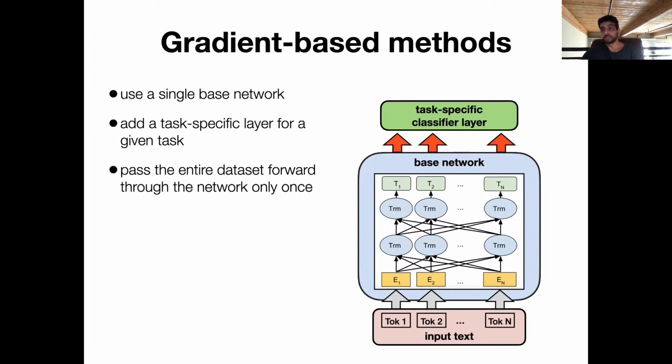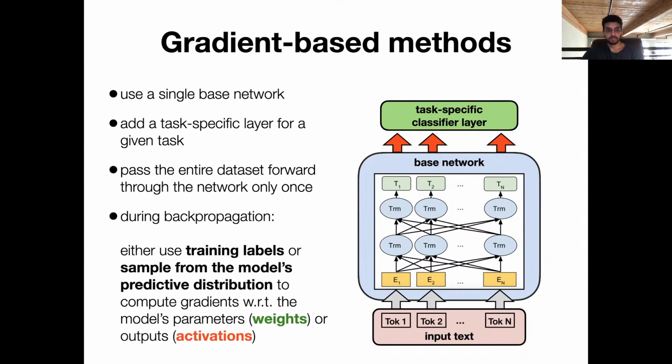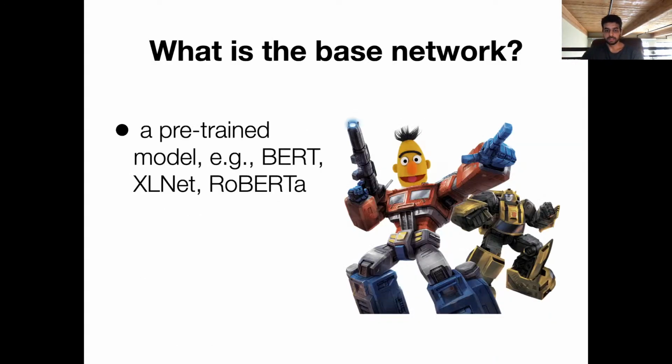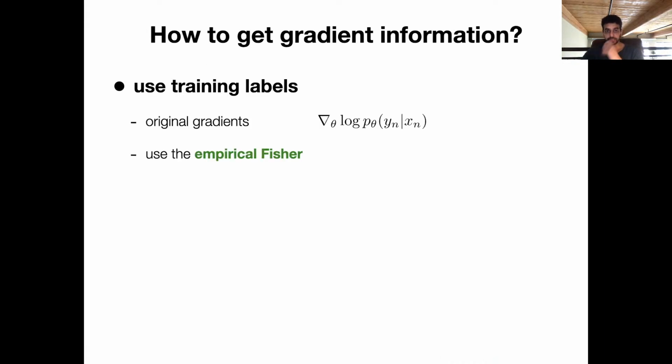So we could do this without fine-tuning by simply passing our entire data set, whichever one we want to get a task embedding for, through this network, and then measuring the gradients during the backprop phase. What that means more specifically is what we actually want to extract from this process.